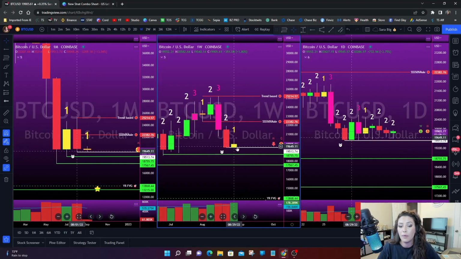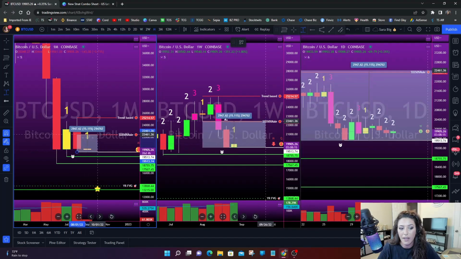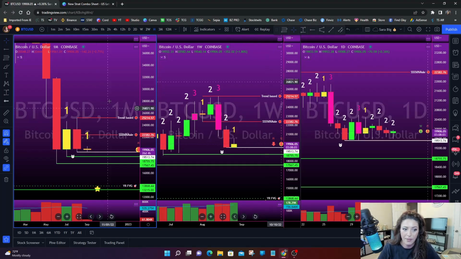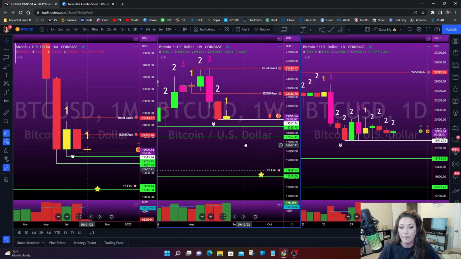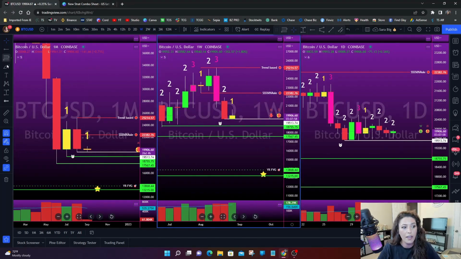So what would be an actionable signal that could trigger us into the monthly setup early, giving us a tighter risk reward? Because remember, if you're just using the monthly, you have a huge stop. So it'd be from 19.5 to about here. Regardless, that's almost a $3,000 stop. You don't want to do that, right? So we go down to a smaller time frame and find the actionable signals.